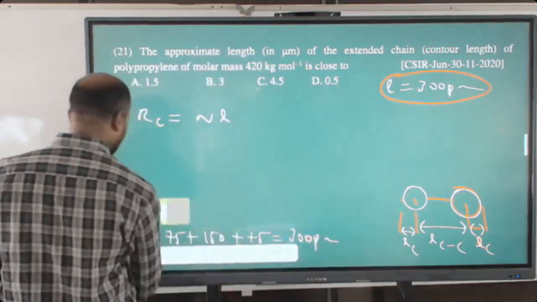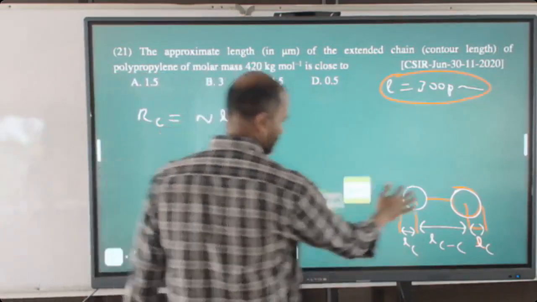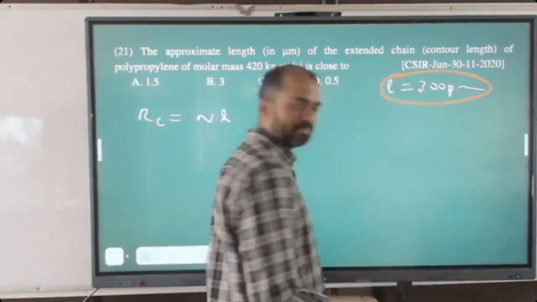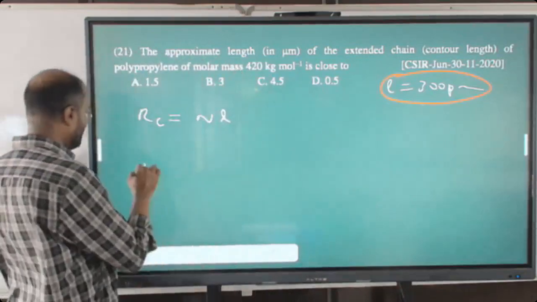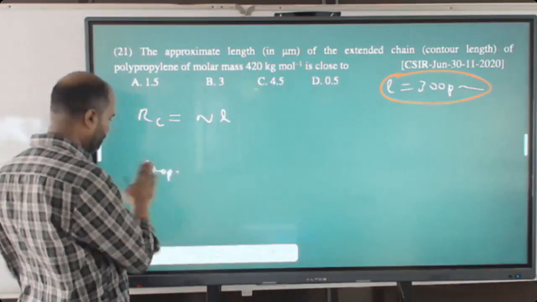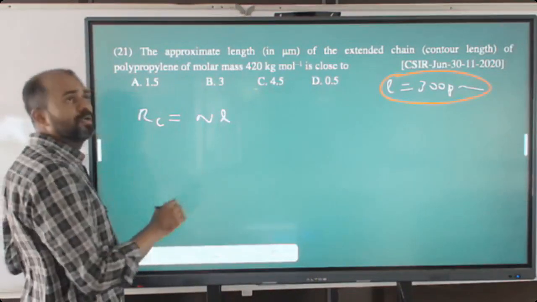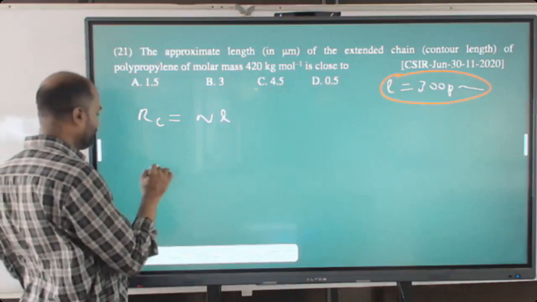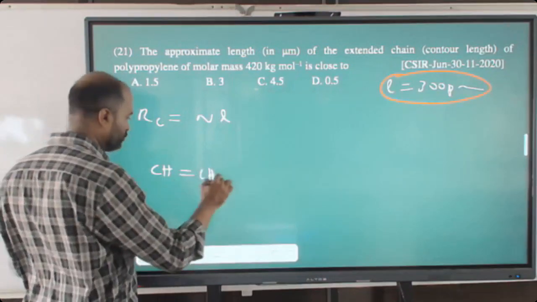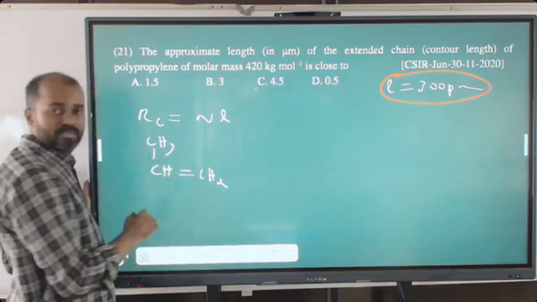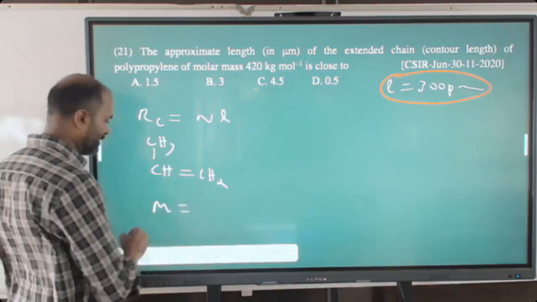How to find the number of monomers? We know propylene, CH double bond CH2 CH3. What is the molar mass of propylene?